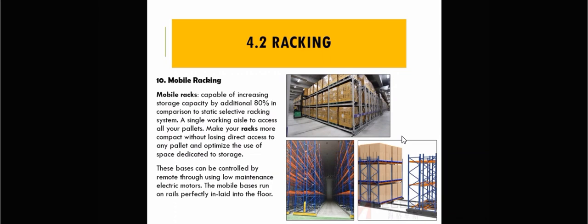So kalau kita gunakan mobile racking, maknanya rak tu mobile, rak tu boleh bergerak, dia berupaya untuk meningkatkan ruang penyimpanan dengan tambahan sebanyak 80%. So this is very good because you can increase your storage capacity. A single working aisle to access all your pallets. Dia hanya ada satu laluan lah untuk kita access pallet ni. Right.